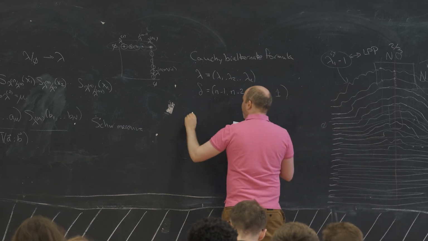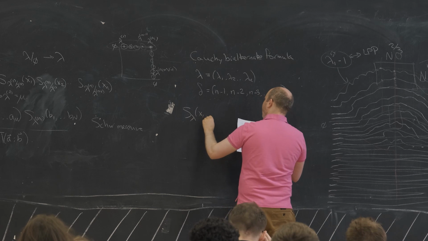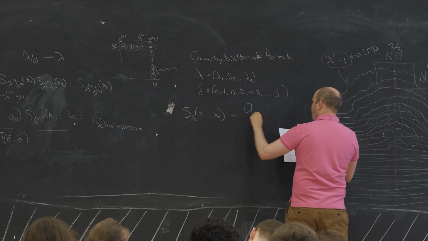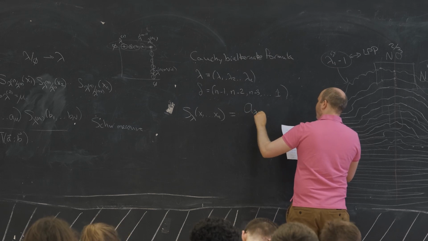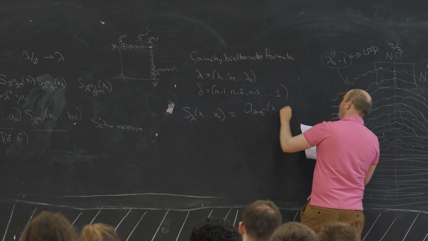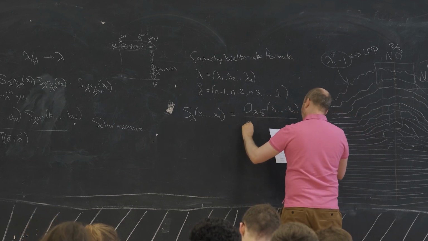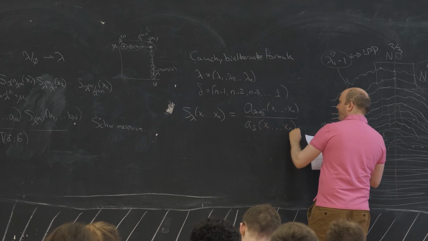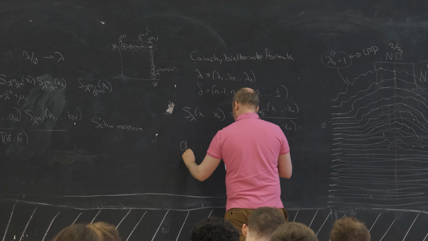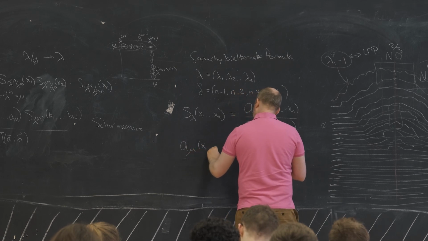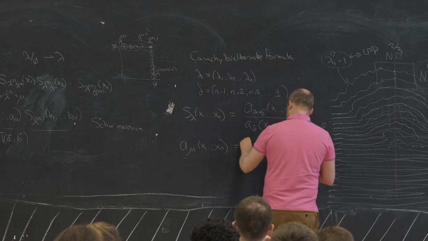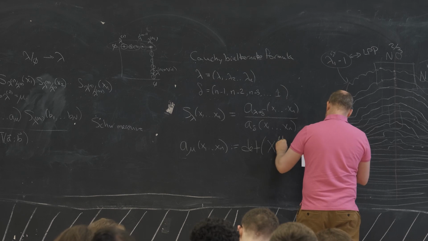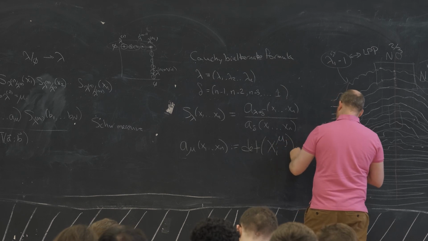I can write s lambda in the variables x1 to xn as the ratio of something I'll define in a moment, which is called the alternant of lambda plus delta in the variables x1 through xn, divided by the Vandermonde determinant, which is given by the alternant of delta in x1 to xn. Okay, so what is a mu of x1 through xn? It is defined as the determinant of xi to the mu j, i and j equals 1 to n.